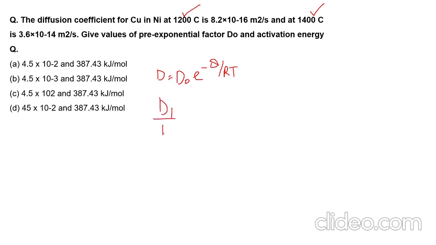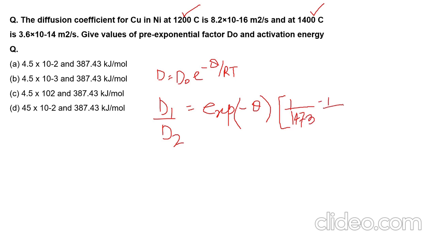So we can write D1 by D2 as equal to the exponential of minus Q, which we have to find. I forgot the R here. And we have two temperatures, so you have to convert the temperatures to Kelvin. What are the two temperatures? One is 1200, so that will be 1473, and the other temperature will be 1673.